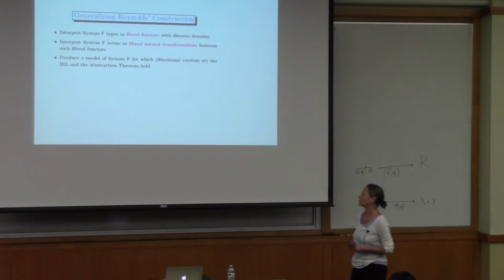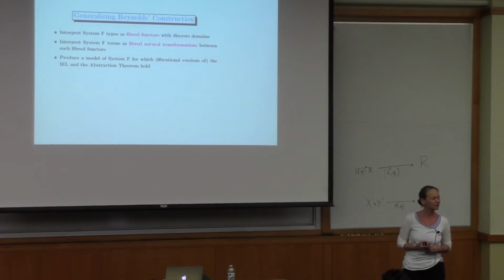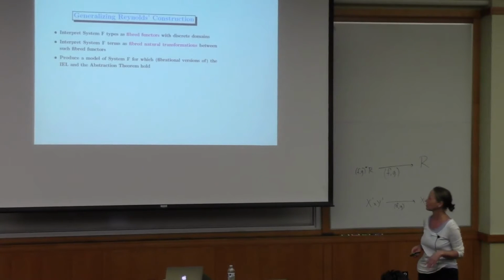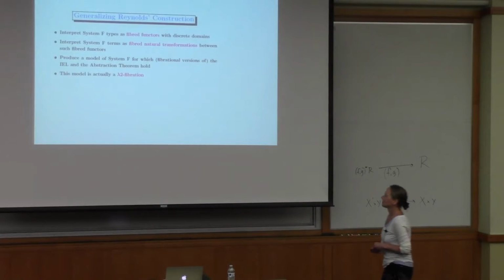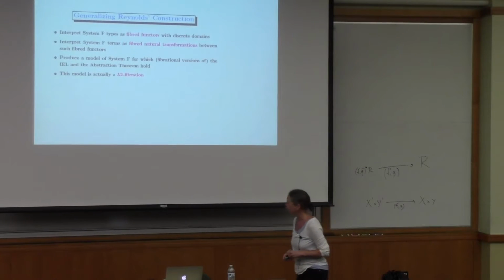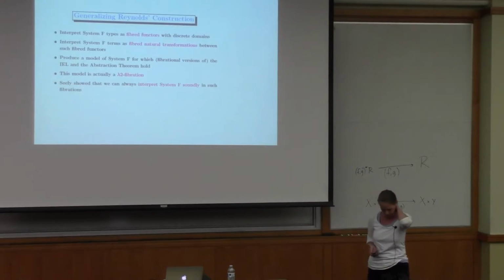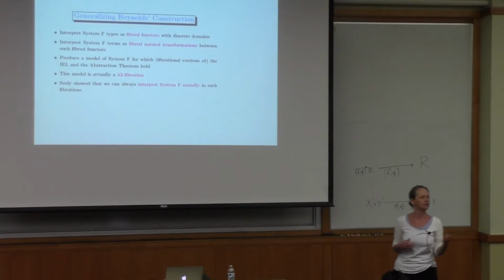And we're going to thereby produce a model of System F, hopefully, for which the identity extension lemma and the abstraction theorem hold. And the model that we make is actually going to be what's called a lambda 2 fibration. And it's known that you can always soundly interpret System F in such a fibration.